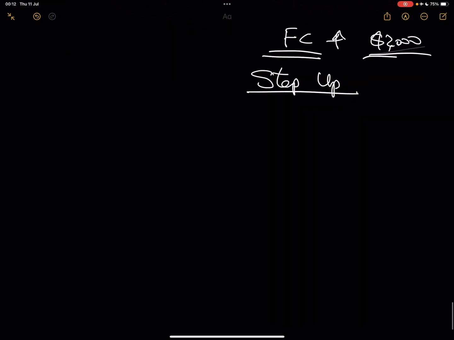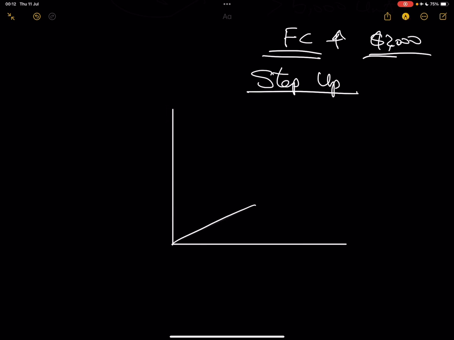Not to say that variable cost doesn't also get affected. Remember, we said variable cost is usually like this, because it is increasing the cost as the activity is also increasing. However, depending on what is going on, if there is scarcity of resources, it gets to a point whereby when demand is high, remember economics, when demand is high and there is scarcity, what happens to price?